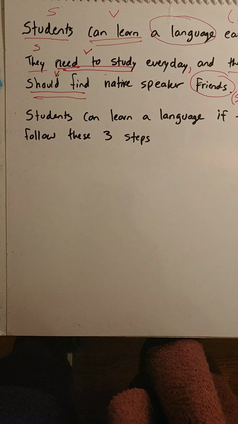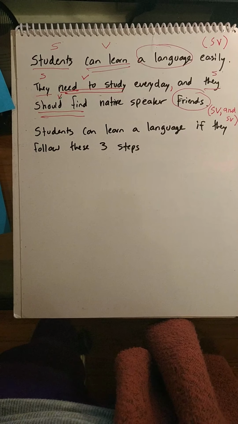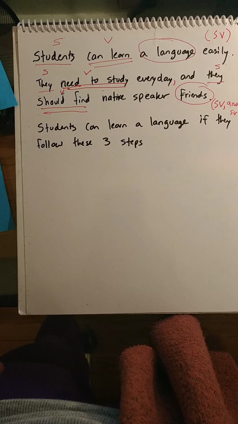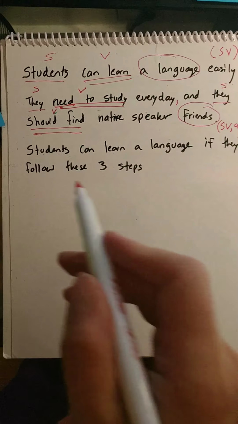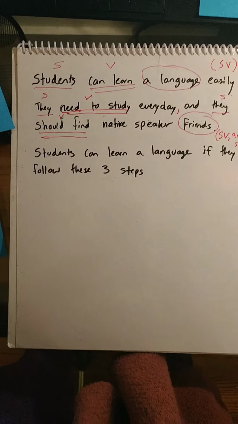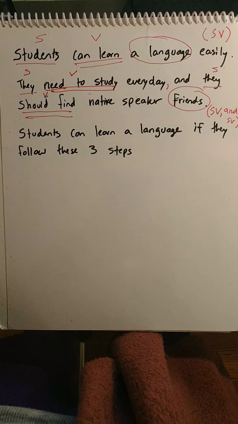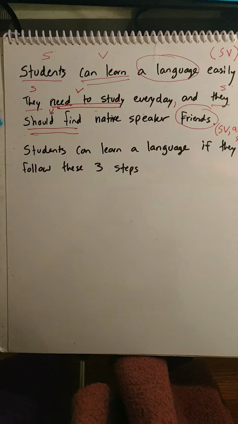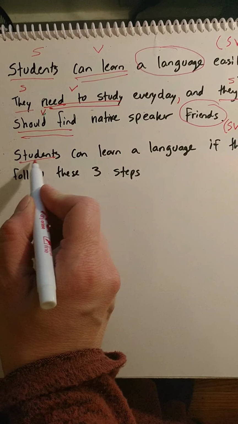Now let's go to sentence number 3. Students can learn a language if they follow these 3 steps. All right, so let's go here. Before I start, think about subject verb. You can pause the video if you want. Now let's figure it out, and then we'll decide what kind of sentence this is.